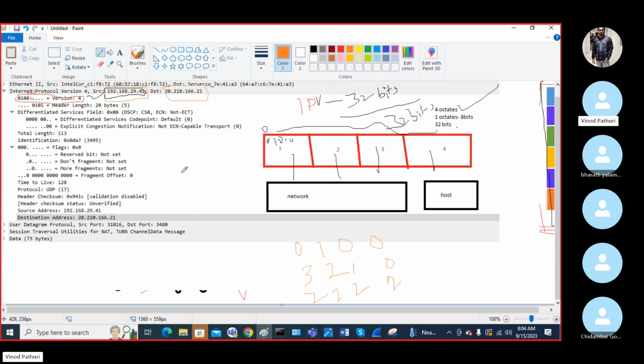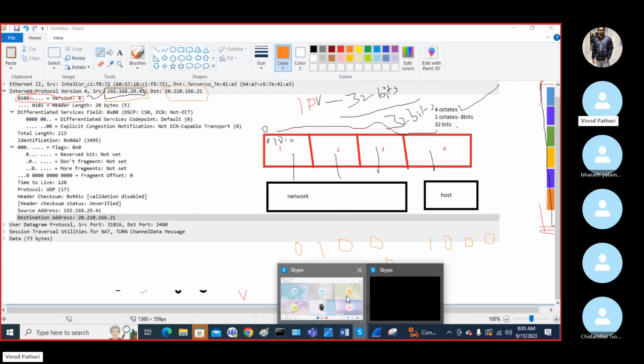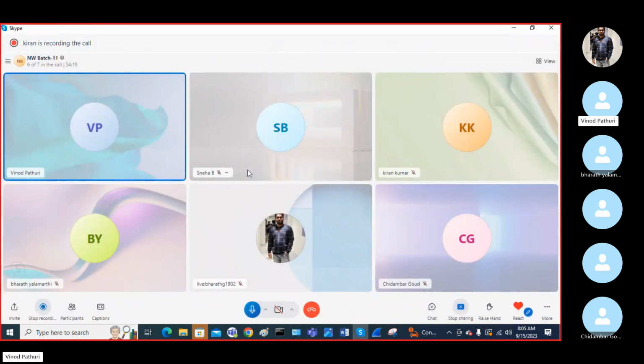In binary, if you want to get the number 4, what do you need to take? 0010 only, right? If I want to go with 8, what will be our binary number? 1000, right? Hope you are getting it. You know how to calculate the binary values? Just respond, please, guys.